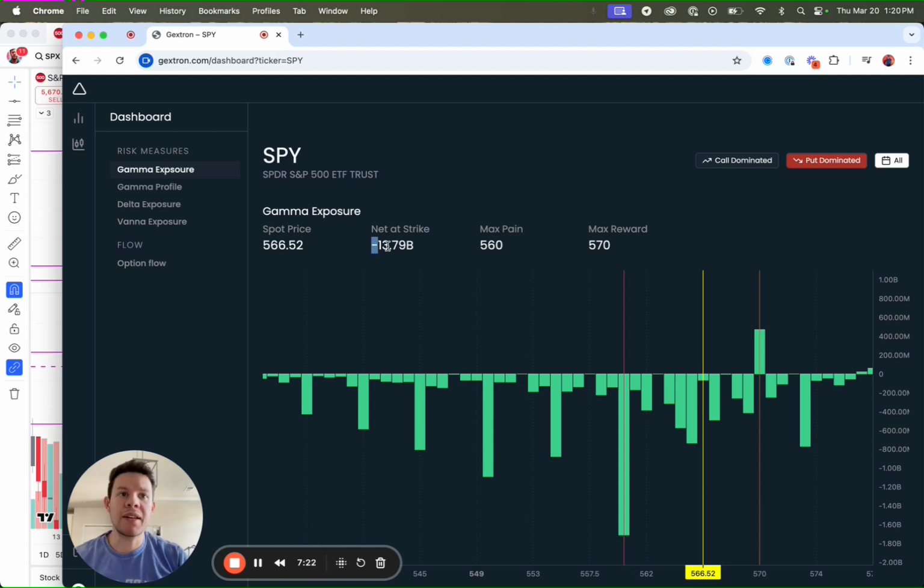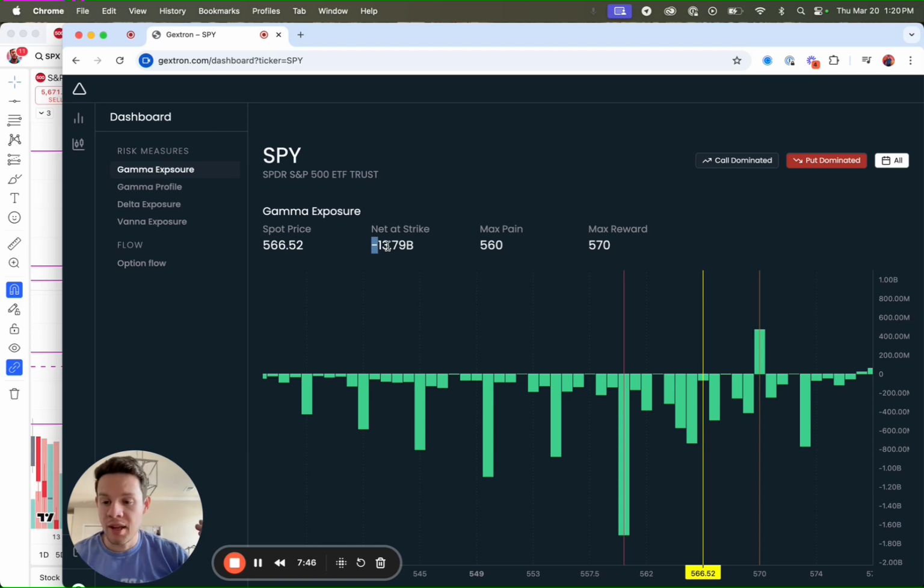It could be choppy, it could be slow. There's really no directional bias on the market for the S&P 500 ETF. Okay, so pretty much the overall market could be kind of flat. Once it starts going below negative 3 billion and lower, it's directionally biased to the downside. And once it starts going up 3 billion and above, it's pretty much directionally biased to the upside.